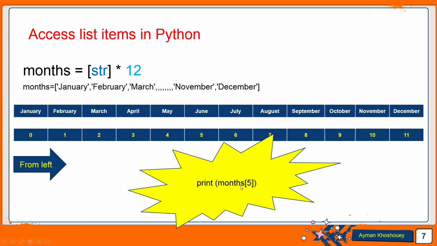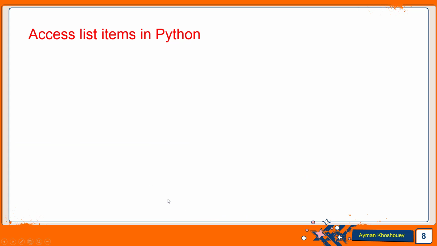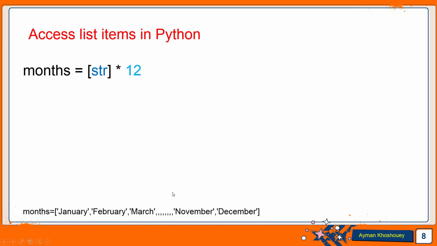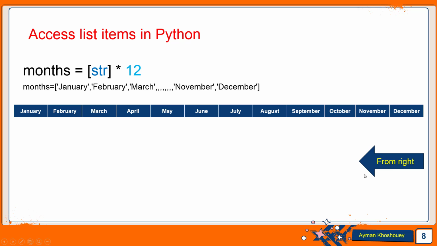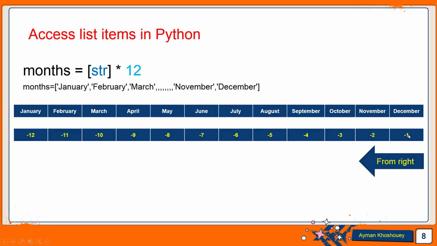If you print months and select index 5, it will print June. The result is June. If you take the index from the right, it will be -1, -2, -3, -4, -5, -6, -7, -8, -9, -10, -11, -12.